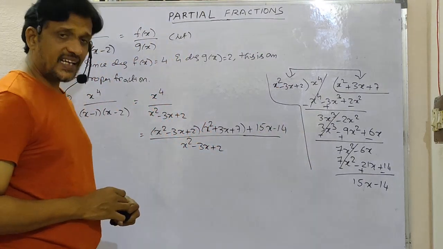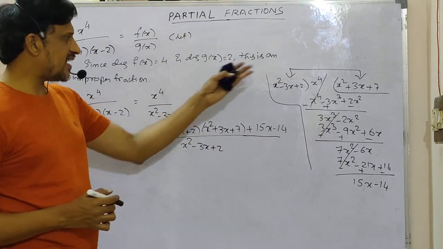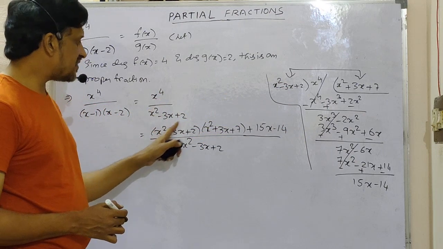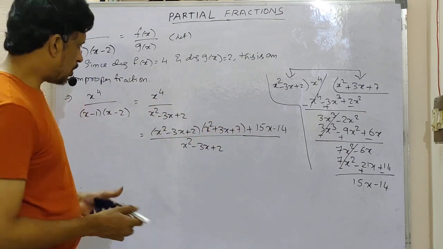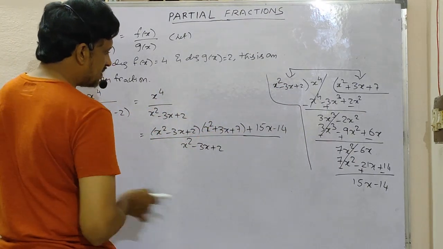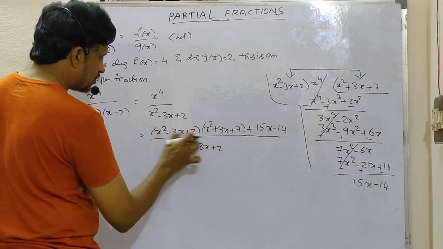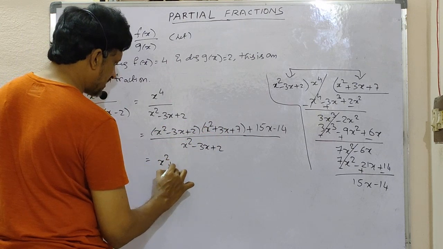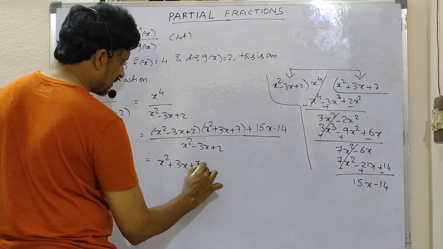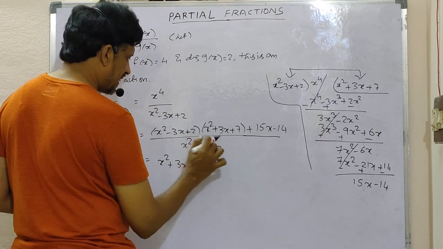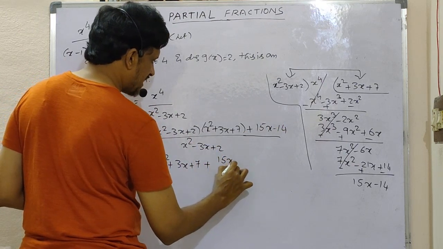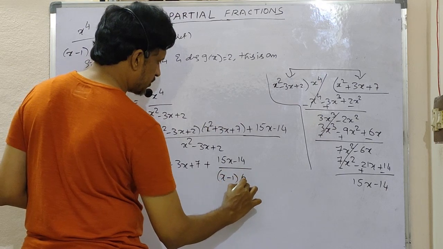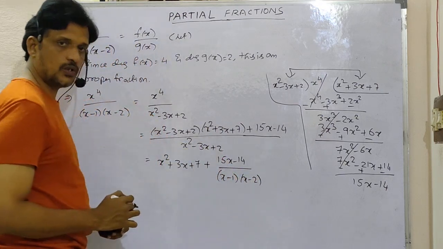So when the given fraction is improper, simply divide the numerator by the denominator, and instead of the numerator, write divisor into quotient plus remainder. Now split this. If you divide the first term by the denominator, these two get cancelled, then you are getting x square plus 3x plus 7, plus this one by the denominator, that means 15x minus 14 by x minus 1 into x minus 2, that is x square minus 3x plus 2.